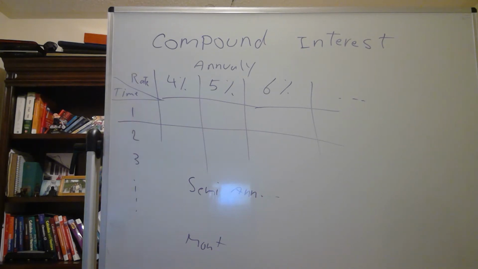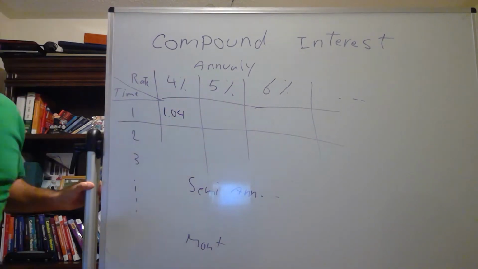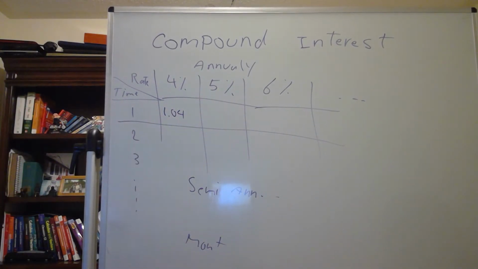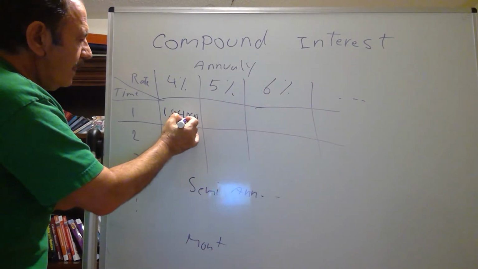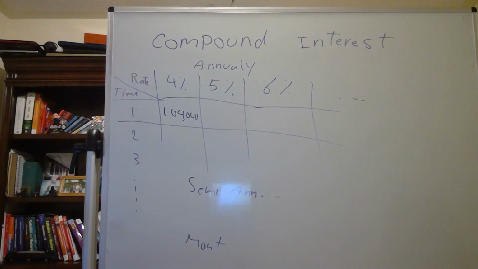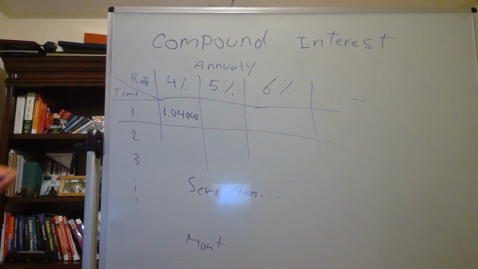For 4% for 1 year, if I look at the table, it is 1.04000. Okay, what does it mean?